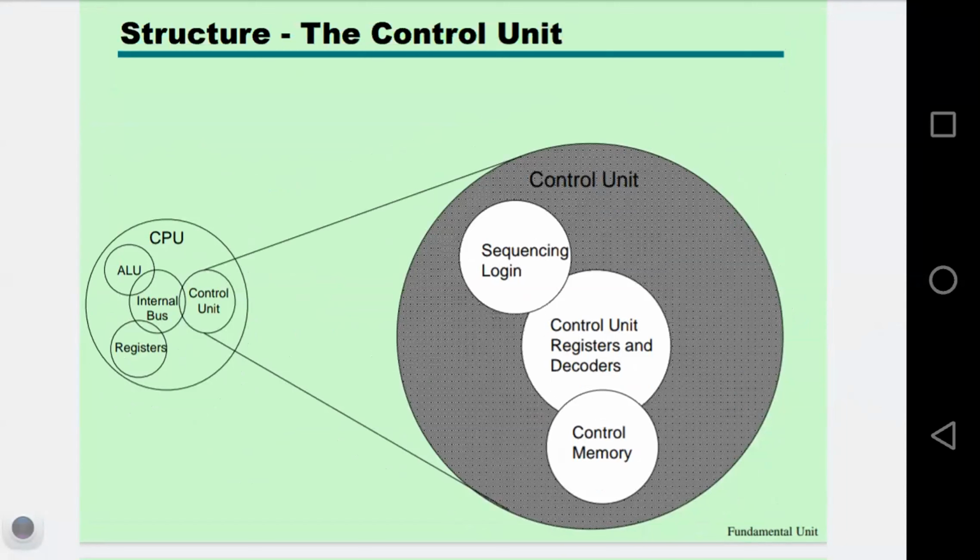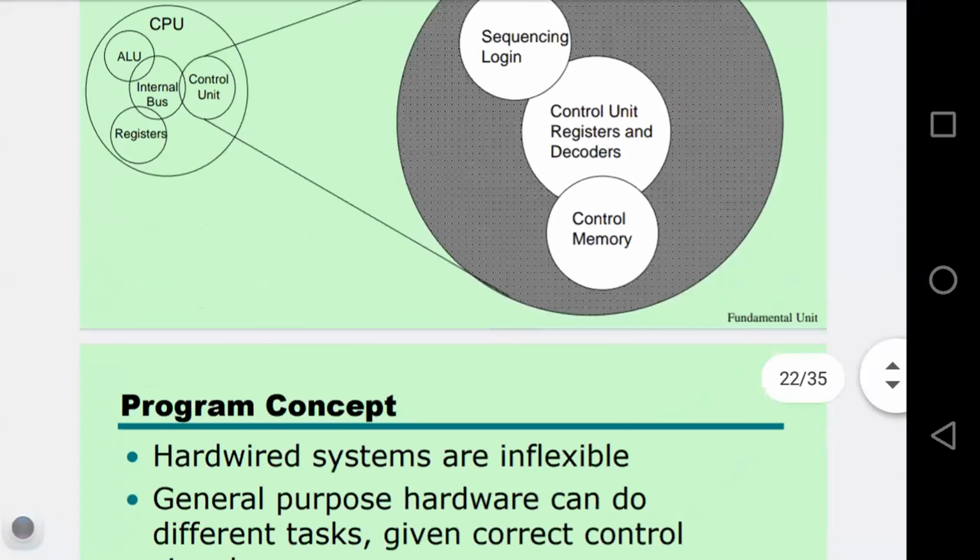In the control unit, there are three different components, like sequencing logic, control unit registers and decoders, and control memory. So to control the different components, again different components are required. In detail, we will discuss how the control unit performs different types of operations.